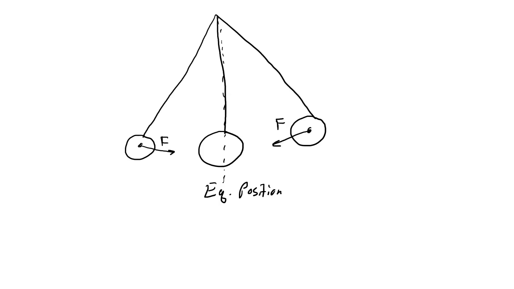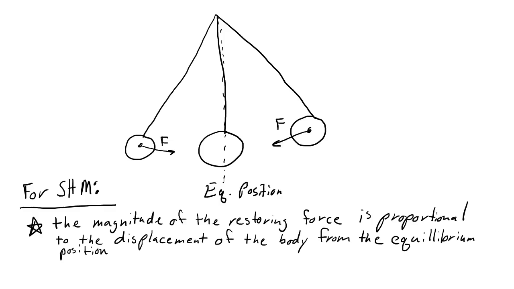In the case of simple harmonic motion, this restoring force is very specific to what it must be doing. So in simple harmonic motion, the restoring force's magnitude is always proportional to the displacement of the body from the equilibrium position. Additionally, the direction of the restoring force is always pointed toward the equilibrium position.